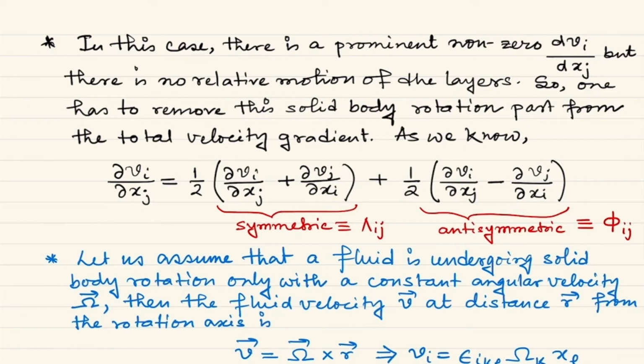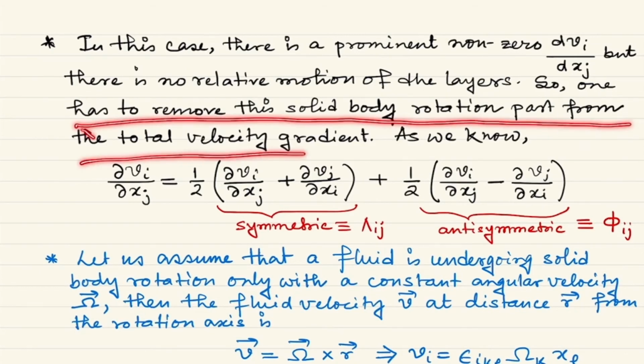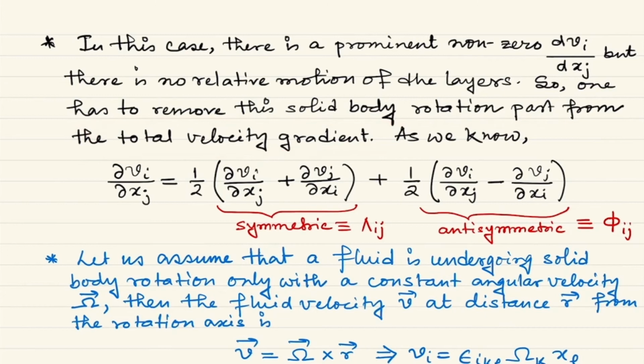There is no other flow. Then one has to remove the solid body rotation part from the total velocity gradient. Maybe I should explain once again that in case of solid body rotation, we have a non-zero velocity gradient, but the viscous force is zero because there is no relative motion.